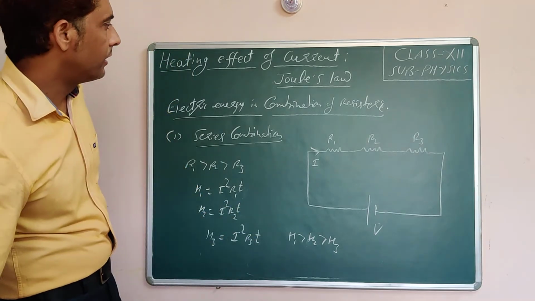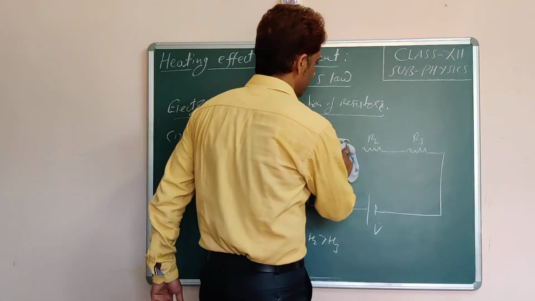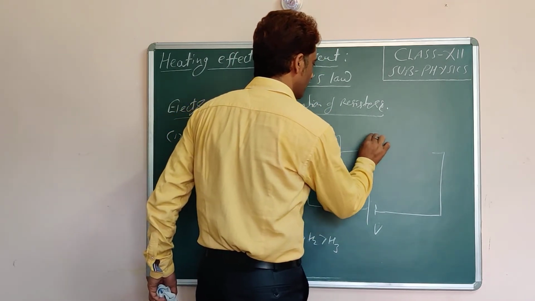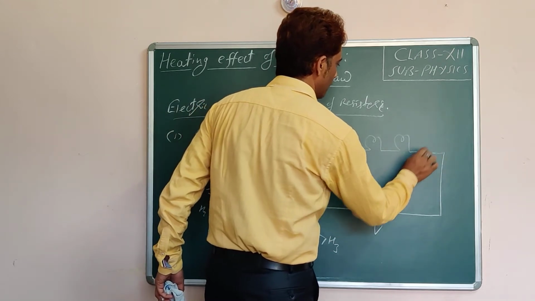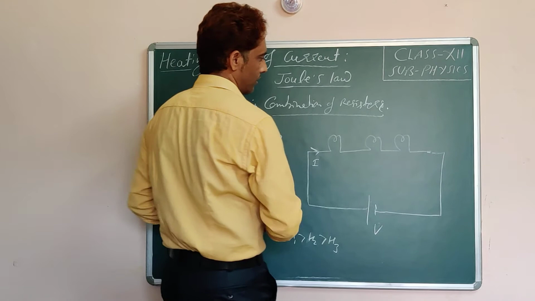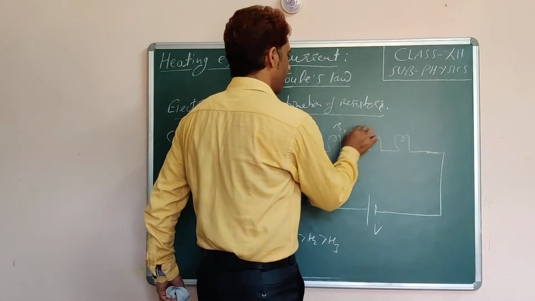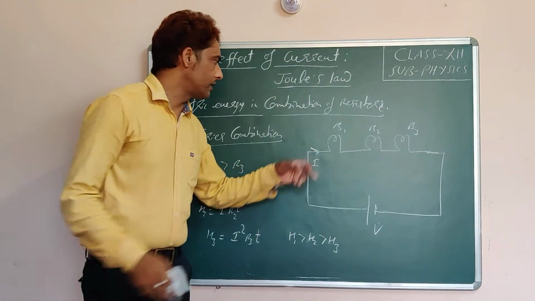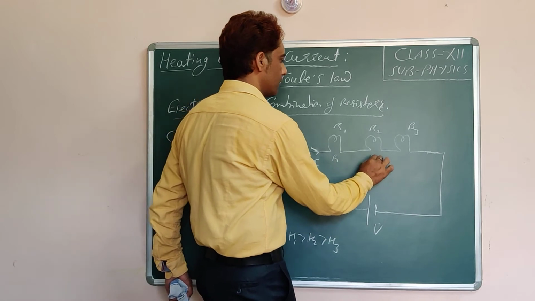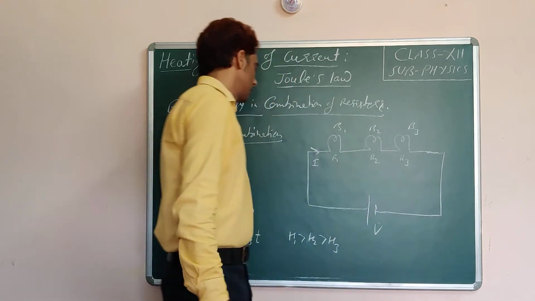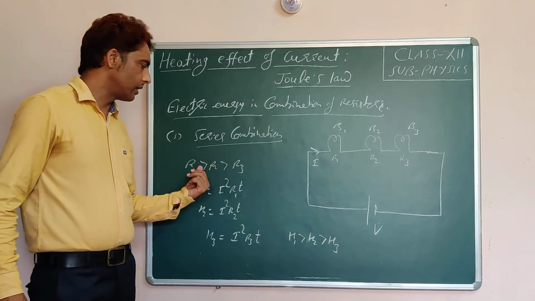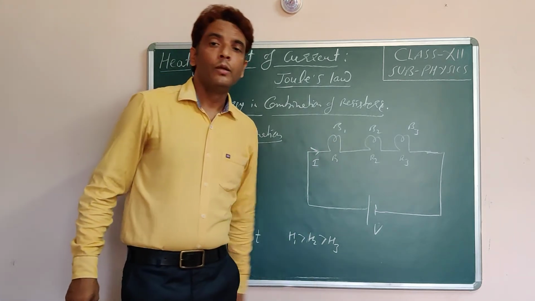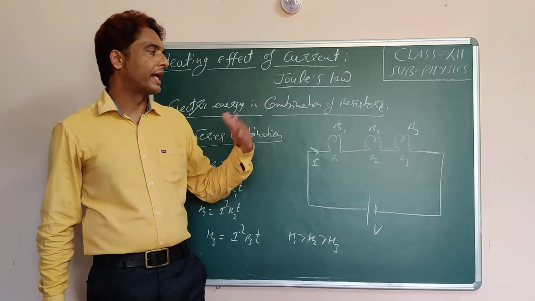If I replace these resistors with electric bulbs, V1, V2 and V3, again R1 is the resistance of the first bulb, R2 of the second and R3 of the third, and the values are as before, R1 greater than R2 greater than R3. Now you can be asked which bulb will glow brighter.